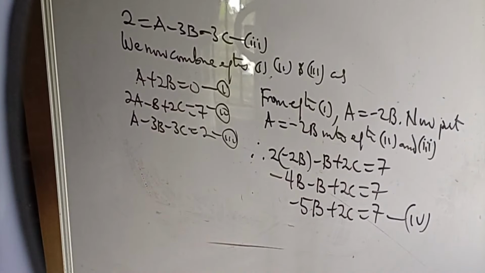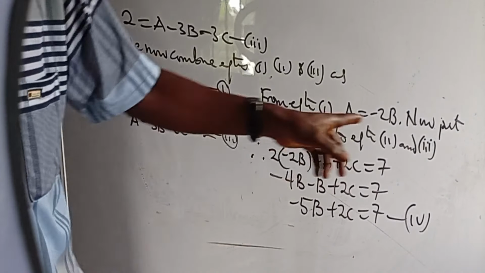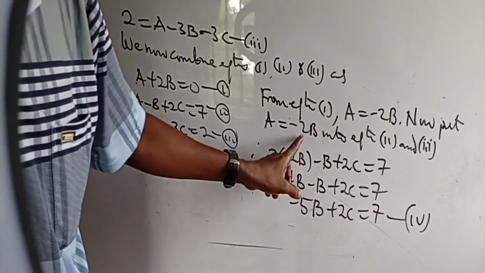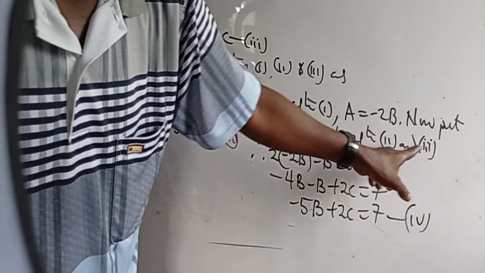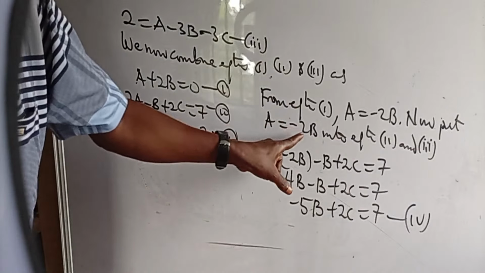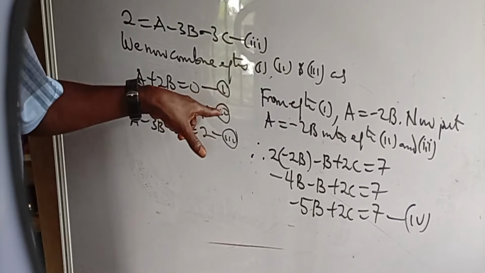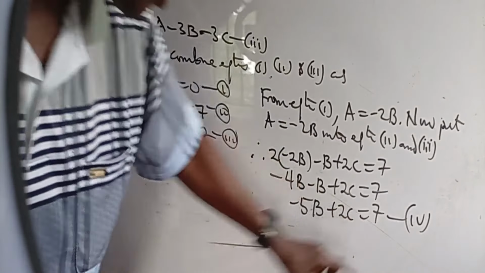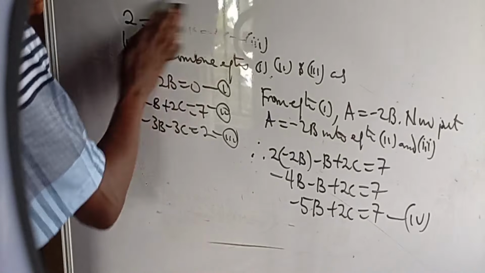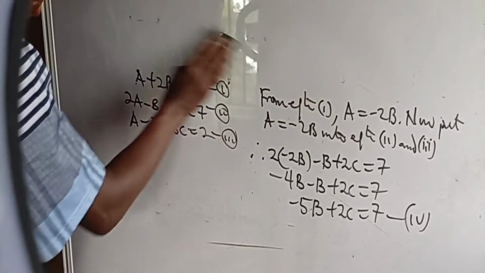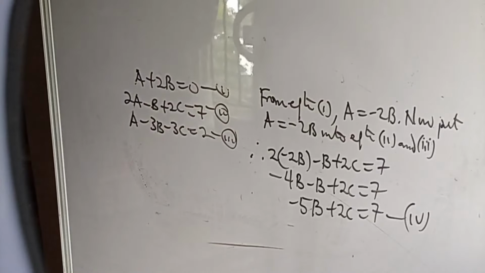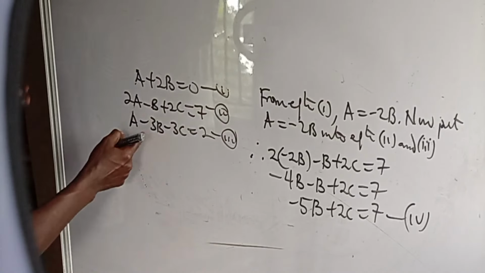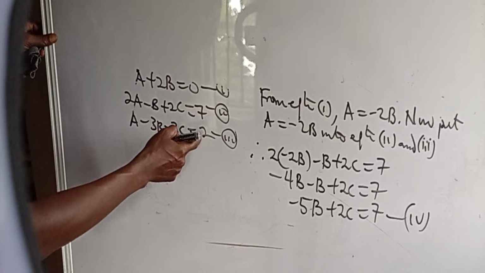Now we said put a equals minus 2b into equations 2 and 3. When we put it into equation 2, we got equation 4. Now we put a equals minus 2b into equation 3 to get equation 5. What is equation 3? A minus 3b minus 3c equals 2.